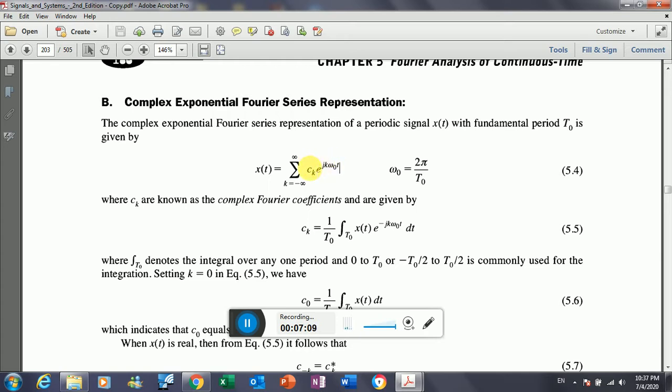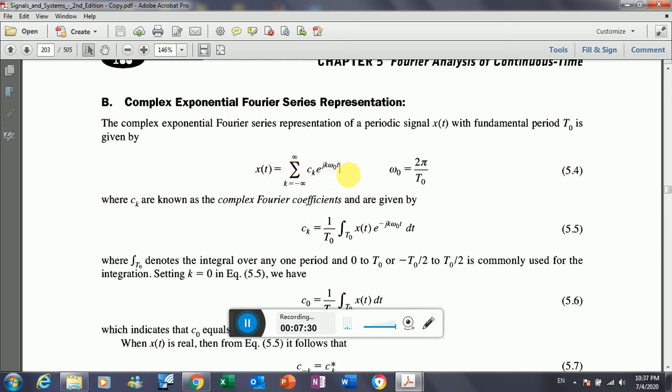So this C of k is also discrete time, that is, these Fourier series coefficients will be discrete time, and this periodic signal e raised to the power j k omega naught t is also discrete time. We made it a discrete time signal.